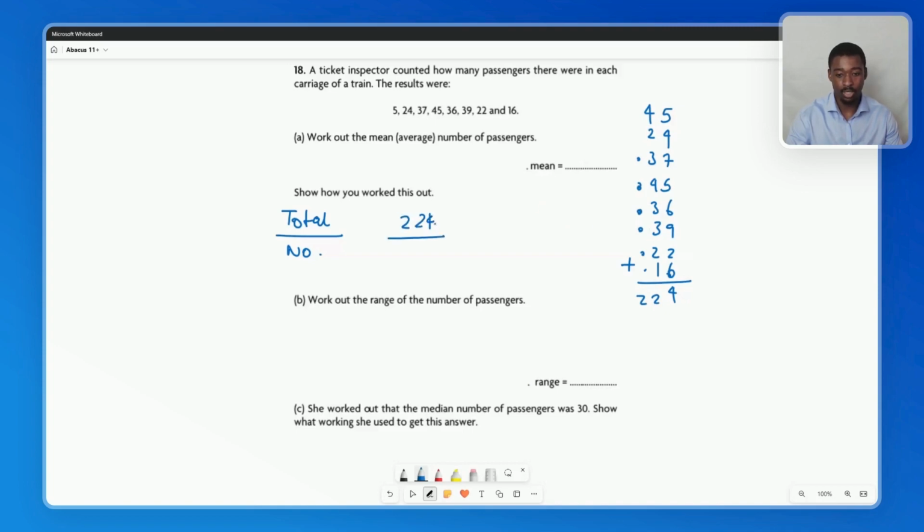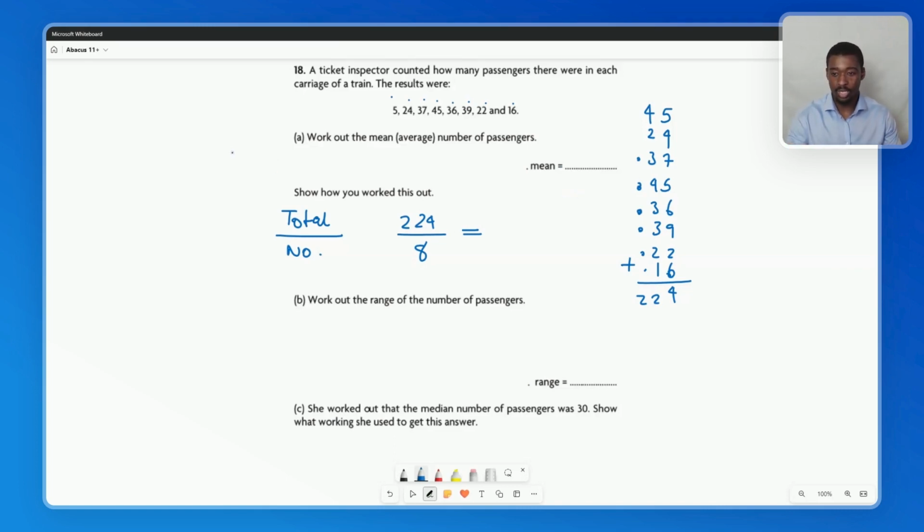And then how many numbers are there? We have 1, 2, 3, 4, 5, 6, 7, 8 numbers, or 8 carriages. So now if we take 224 and we divide it by 8, it will give us the average number of passengers for every single carriage.